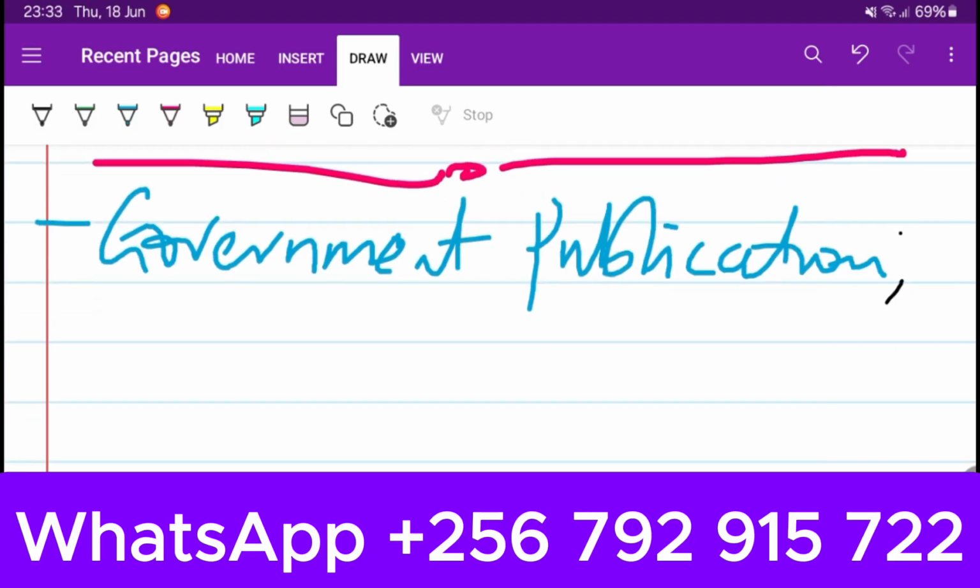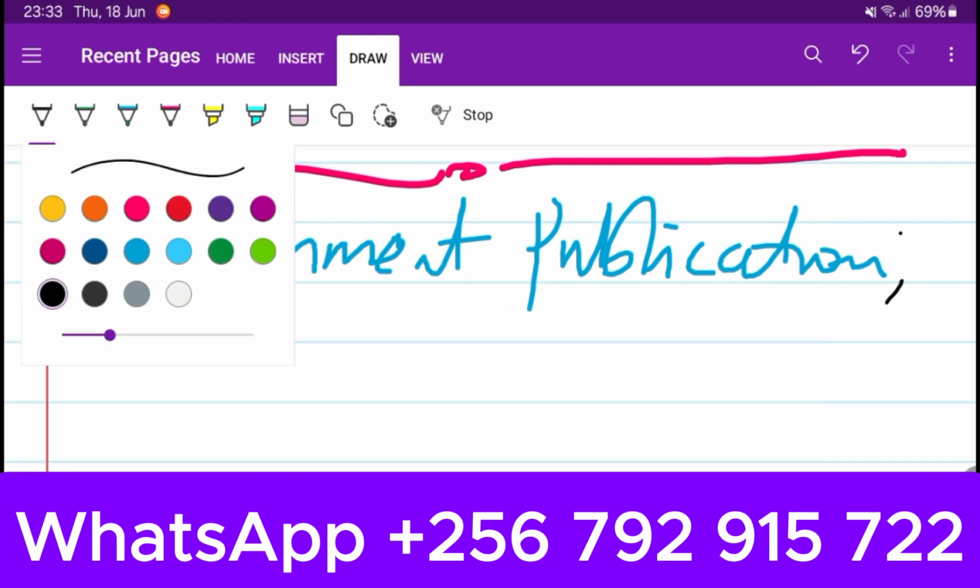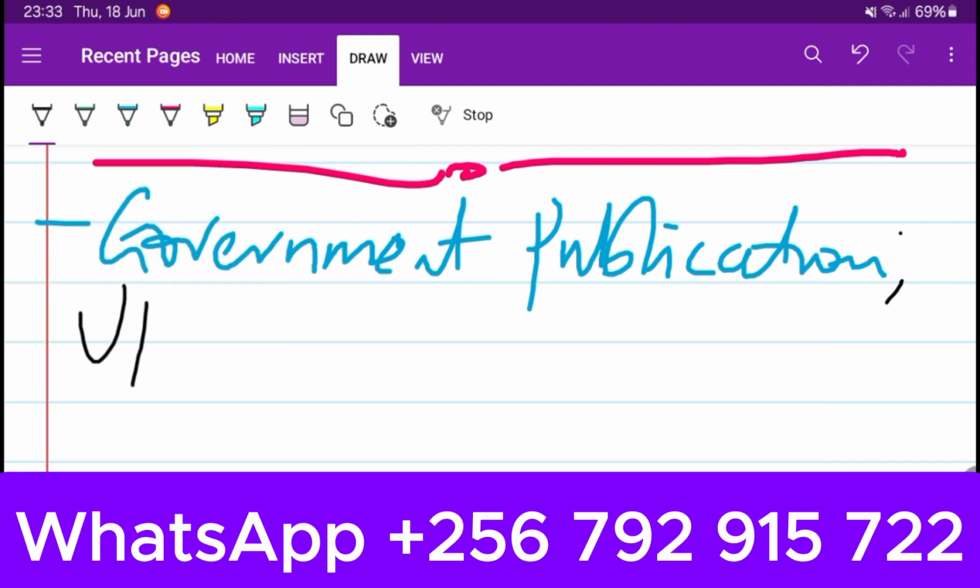We can have UBOS, that is the Uganda Bureau of Statistics. It collects, compiles, organizes, and then publishes statistical data on a regular basis.